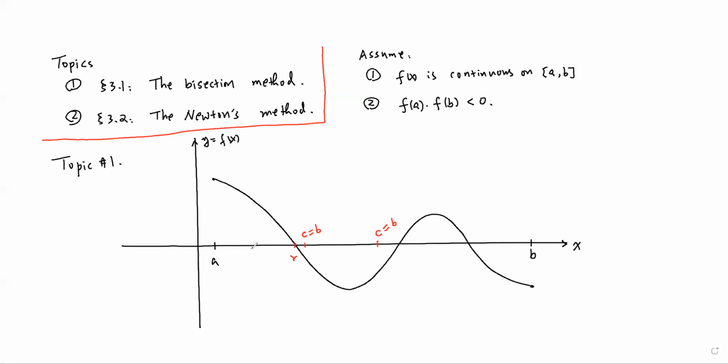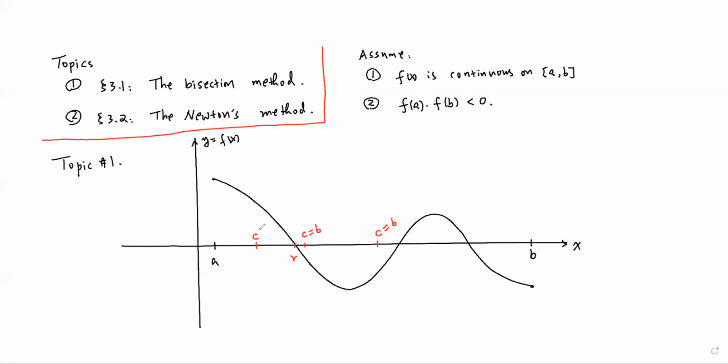In this new interval AB, I pick the midpoint C here. Now compute the function value at C. Then compare the sign of the function value with the sign at A. Now this time they have the same sign, both are positive. Therefore, the root must be in this interval CB.